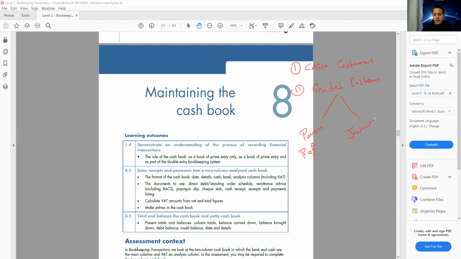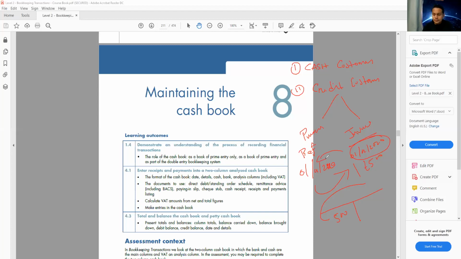For example, he purchased on 1st of January 2020 and he paid on 1st of February 2020. So after 1 month. That means when you receive the money here, let's say I receive £500 in February, and I'm recording this 500 on the cash book debit side. That means this transaction is not for February. This transaction comes from January. So it's very important to understand.